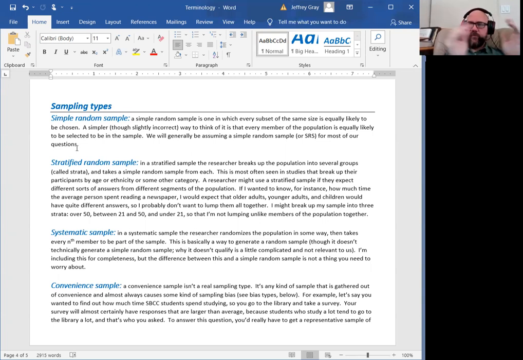I would take kids, young adults, middle-aged and older adults, and sample them separately, and then either stick all my data together at the end or break it out by subgroup, or maybe both, right? That's a stratified sample. Within each of the strata, I try to gather a simple random sample. So it's one simple random sample for each subgroup, and you have a bunch of subgroups.